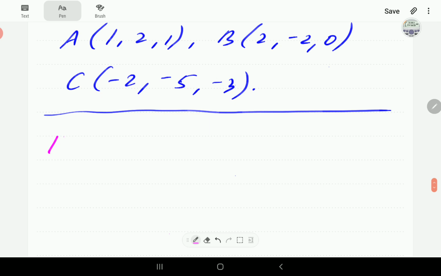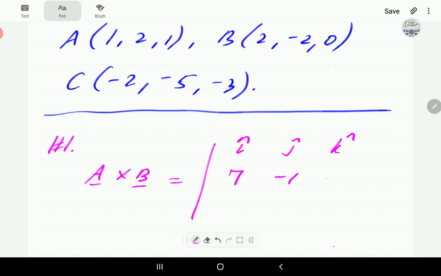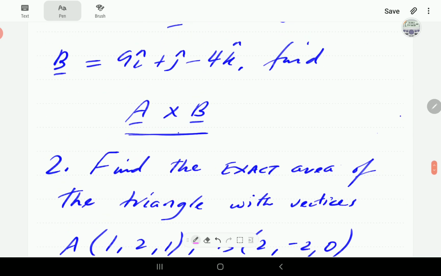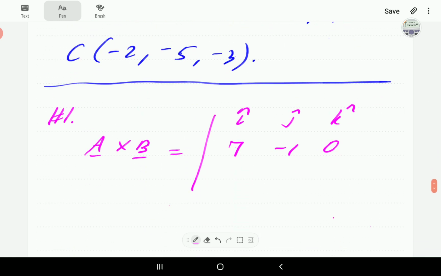A cross B. So we're going to slot these into this 3 by 3 determinant. A is 7, minus 1, 0. B is 9, 1, minus 4.